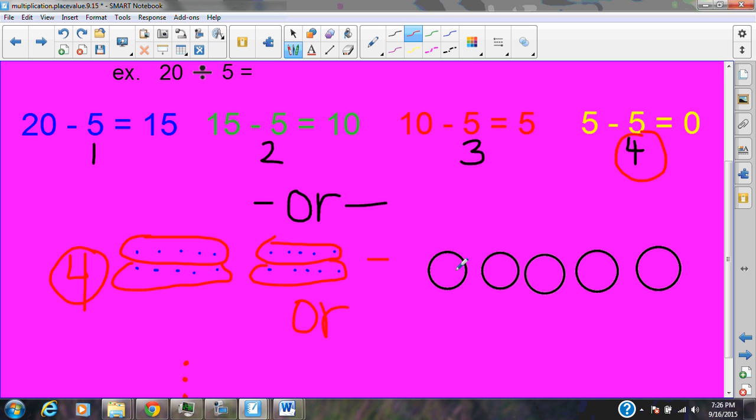I can make the 5 groups and see if I can evenly share all of my objects until I get to 20. So let's try. I have 5 groups, and I'm just going to keep counting in these 5 groups until I make it to 20. So here we go. I have 1, 2, 3, 4, 5.